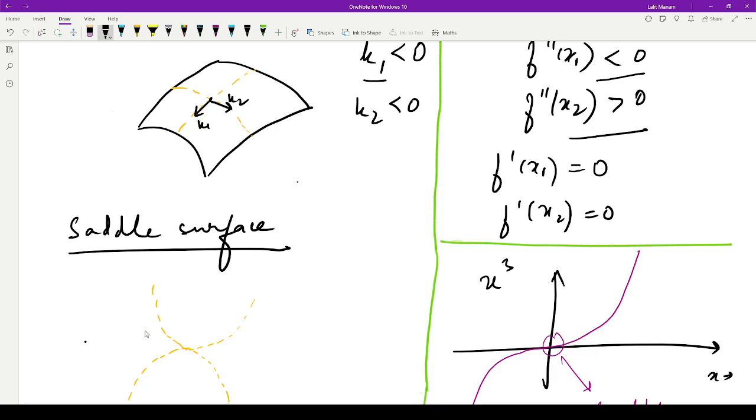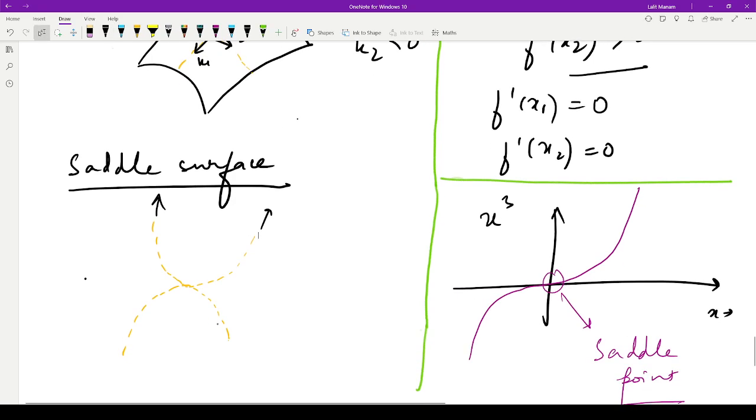My diagrams are pretty bad. So here it will keep on increasing, and then in this direction it will keep on decreasing. Somewhere in the middle it would be like this.